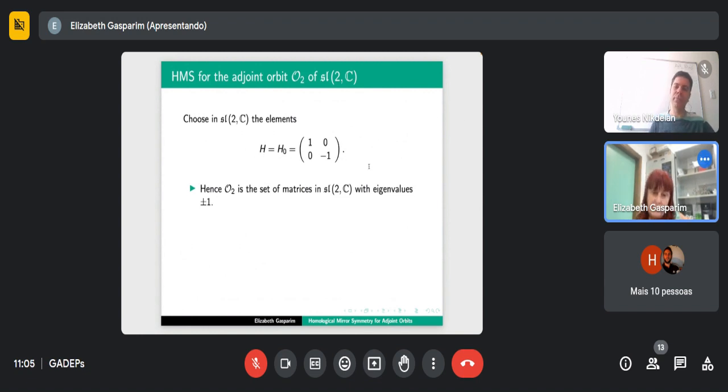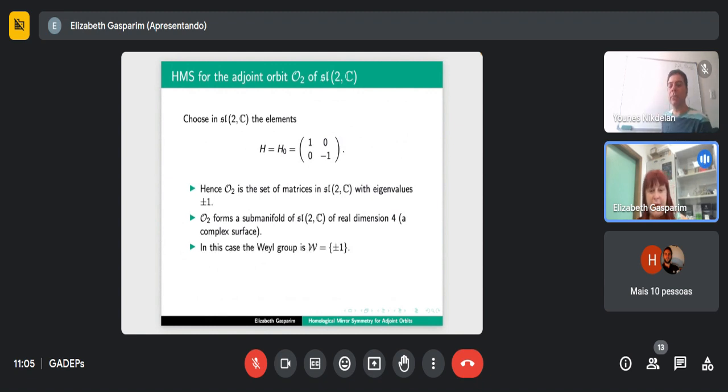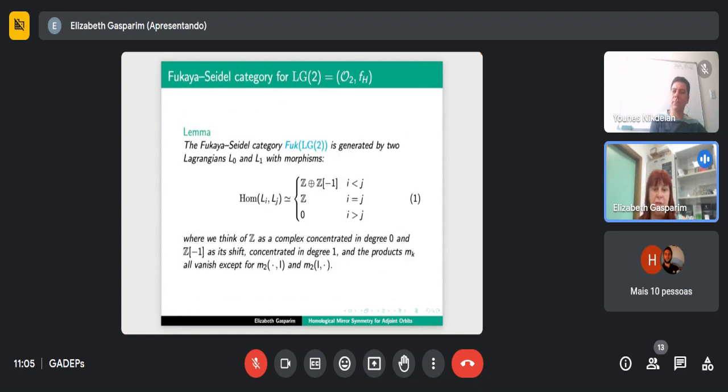So the adjoint orbit of this guy consists of all the matrices with plus and minus 1 eigenvalues. It has real dimension 4. The Weyl group is just plus or minus 1, and so the critical points are just H0 and -H0.